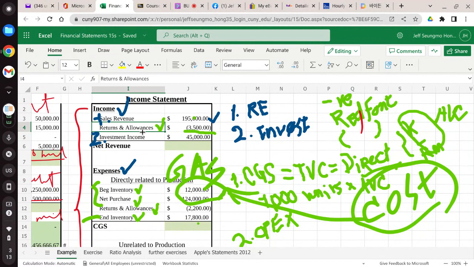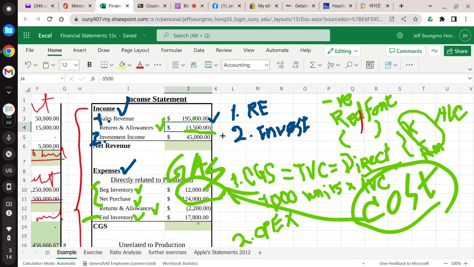You can't return the service. But if it's merchandise, obviously the return is possible. So a return is obviously a negative number, because it's a cash outflow for us. You have to refund, so cash out.